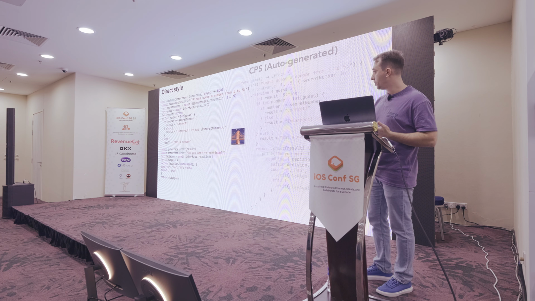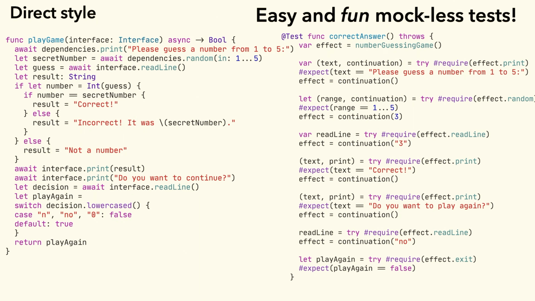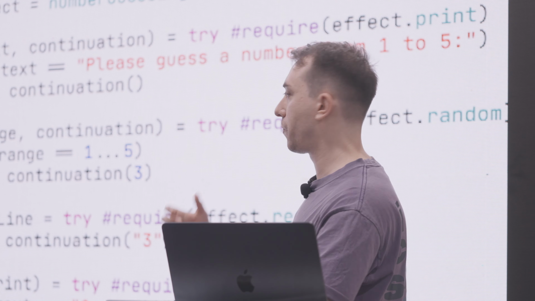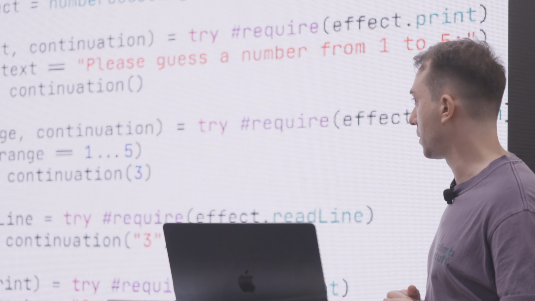And finally, as a final consequence, we can write code like this, which otherwise would require complicated mocking or dependency injection of some sort, but we can write tests like this, where we can simply step through the program step by step from one observable effect to the next and feed in inputs as we please.